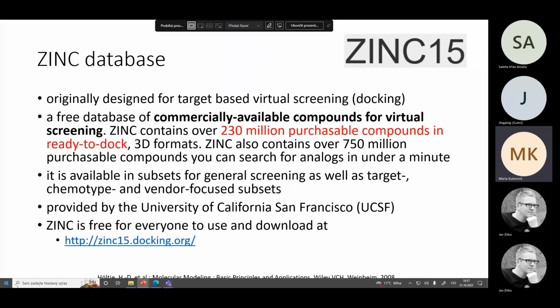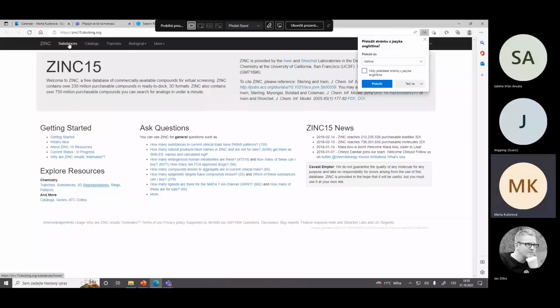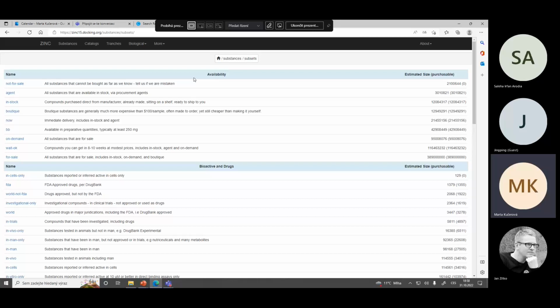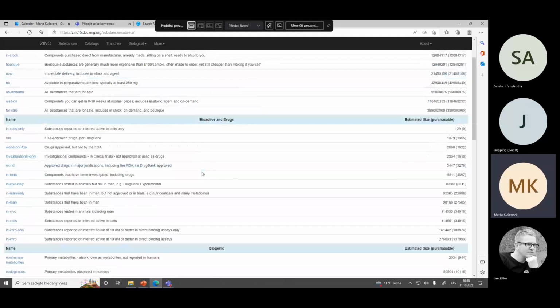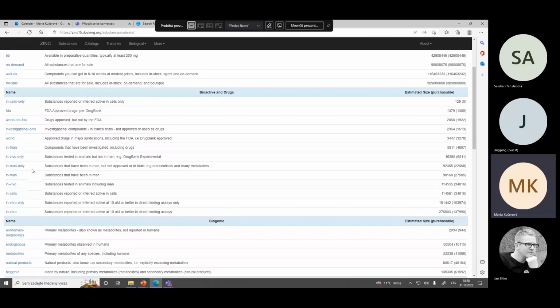And I would like to go to the website again. Okay, so this toolbar might be interesting for us. So I click substances, and when I click subsets, here you can filter from the whole amount of the compounds contained based on availability, bioactivity. You can, for example, filter FDA-approved drugs or world not FDA-approved drugs, investigational compounds in trials, and from different bioassays.